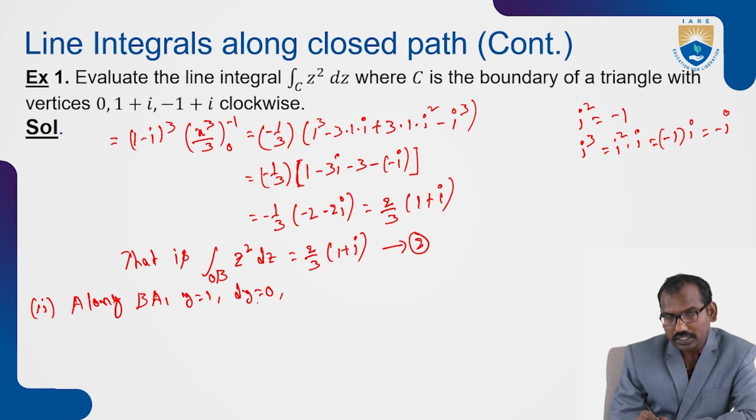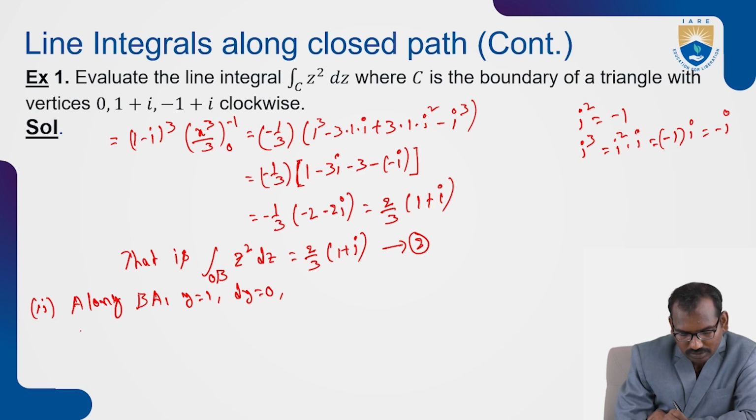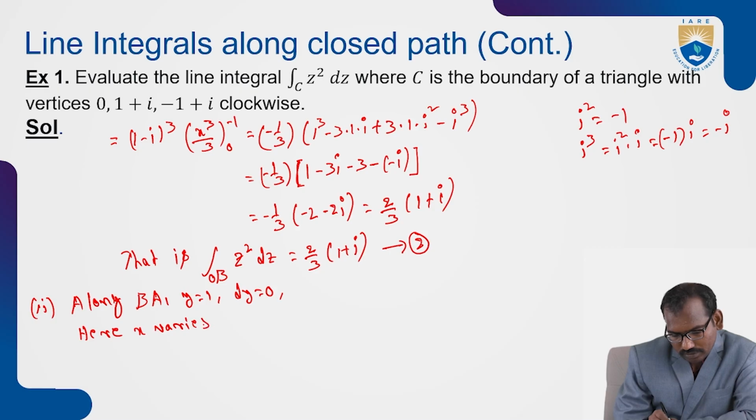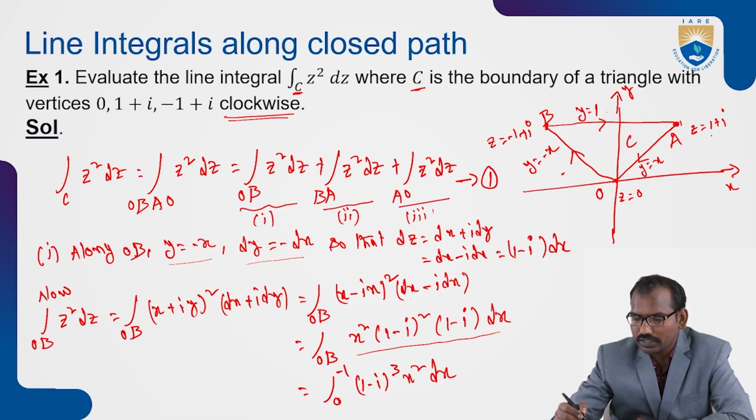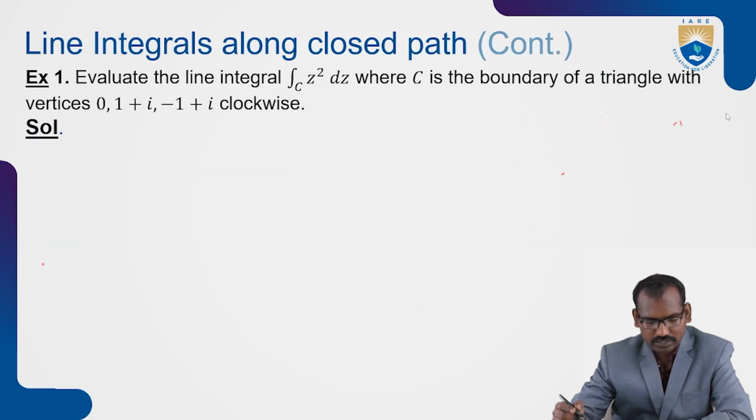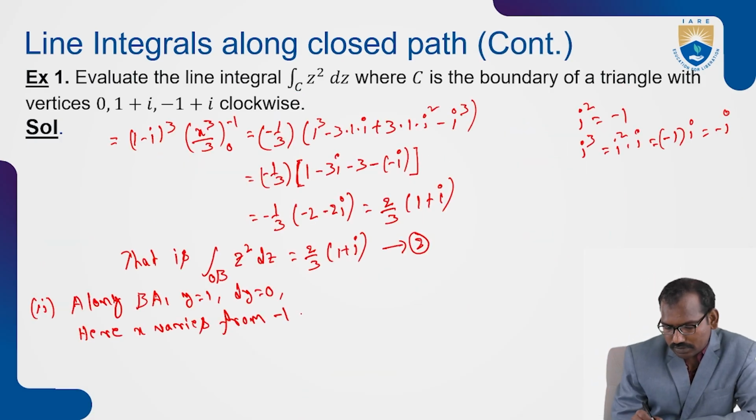So in z square dz there will be no y, only we will have x. Along BA, how is x varying? At B you see the real part is minus 1. At A the real part is 1. So x varies from minus 1 to 1.